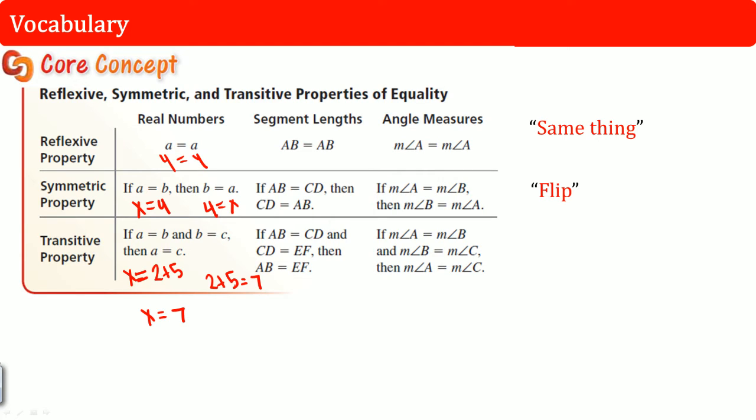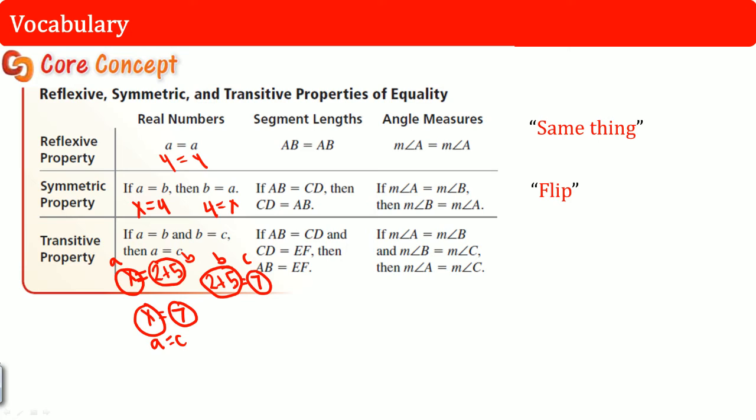X is equal to 2 plus 5, so this is the original B, and then this is also B, 2 plus 5. A was your X, your C was your 7. So in the end, we could just write A is equal to C. That's the transitive property. You're transferring something to something else.